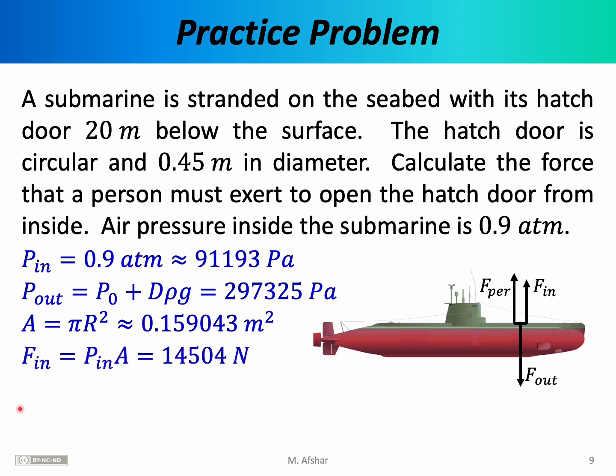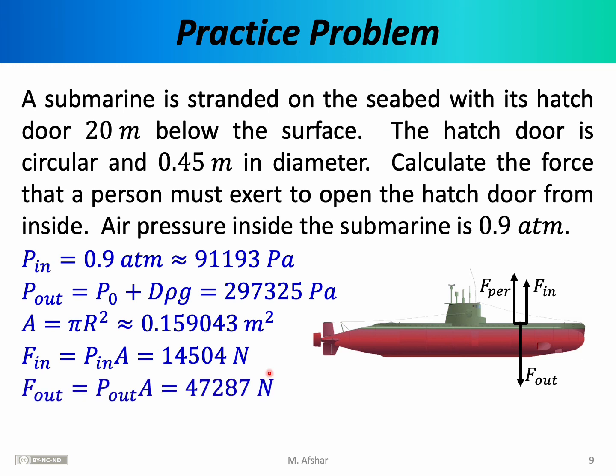Now we can calculate the force of the air inside. F in is going to be pressure inside times the area. Putting all that into your calculator, you will see that the air inside the submarine is helping to open the door. It provides approximately 14,500 newtons of force.